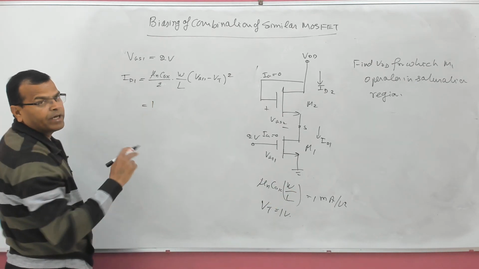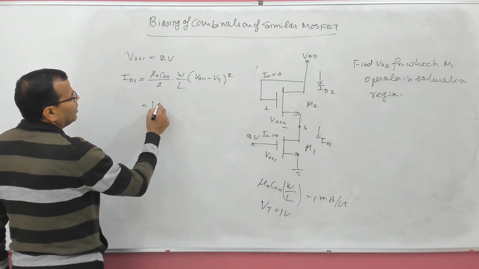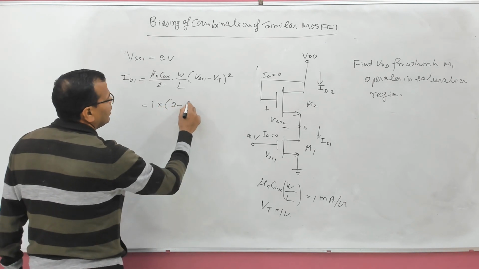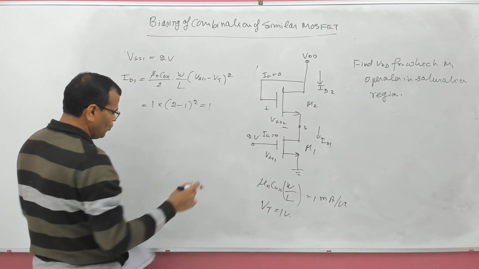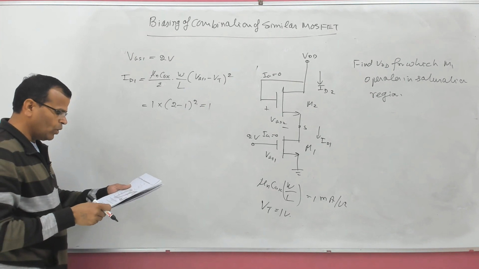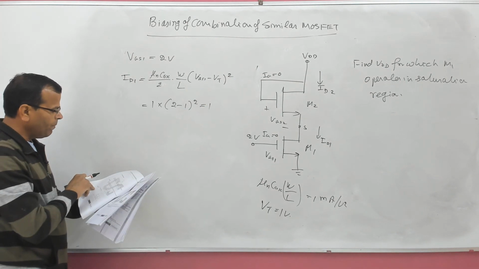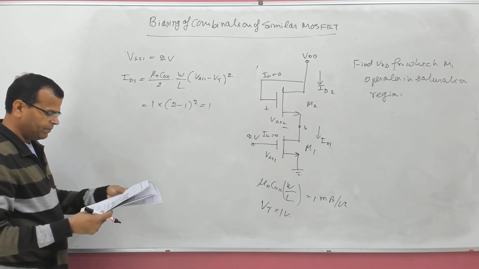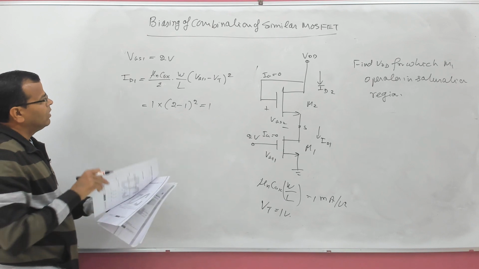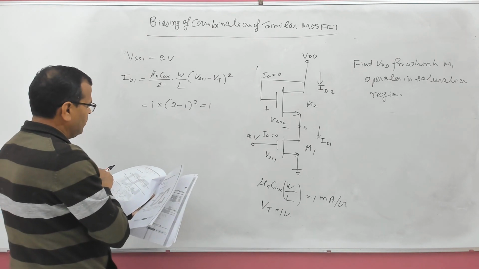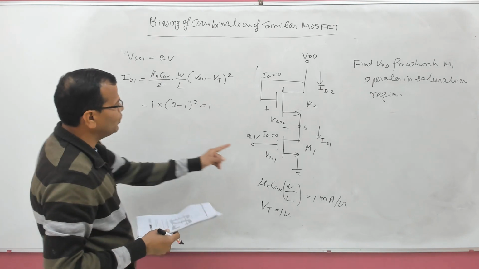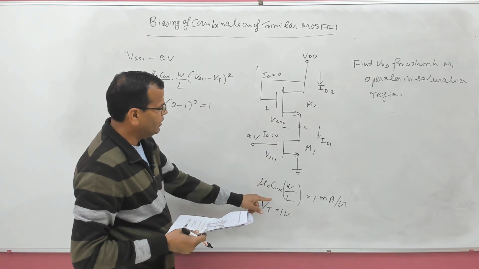So I will be taking drain current in milliamperes. So into VGS is 2 minus 1 whole square. So that is 1 milliampere. So ID comes out to be 1 milliampere in this case. Fine. So let us proceed further. VGS1 is 2 volt. ID1 is given to you.